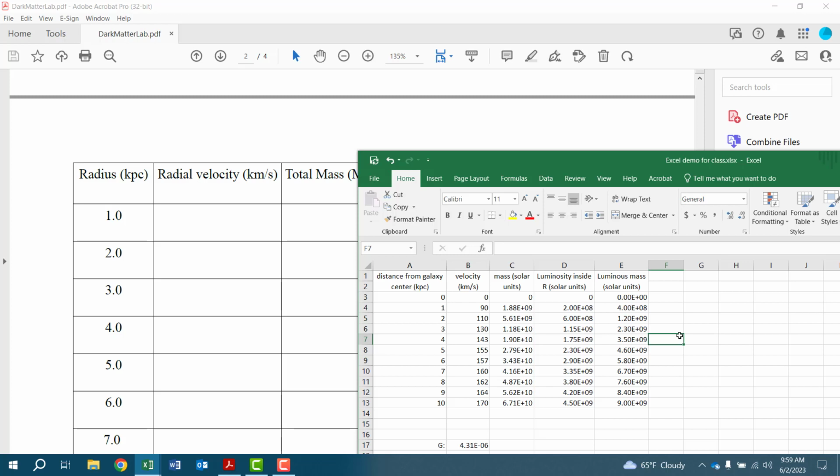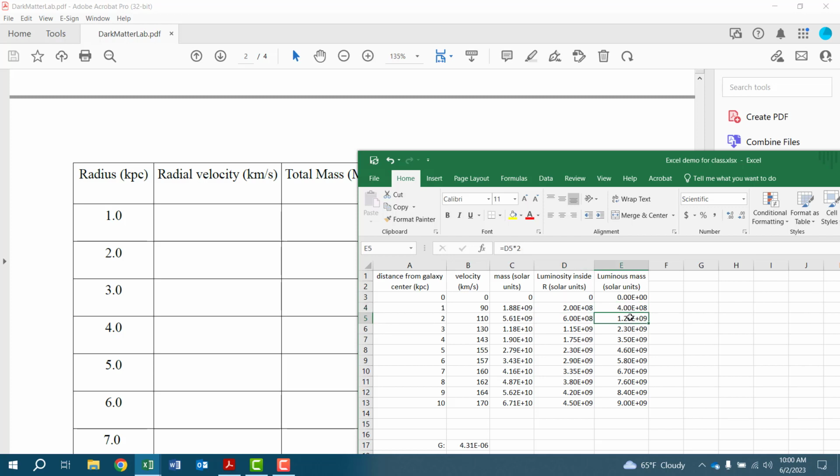Now the reason for the doubling is not every star in this galaxy is the same size or mass as the sun. If every star in this galaxy was identical to our star, the sun, then you could count how many stars there were within each distance by just comparing the total light output to the light of the sun, in which case all of these numbers would be the same.